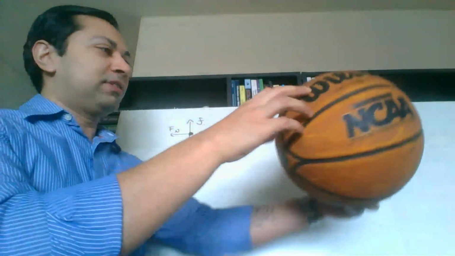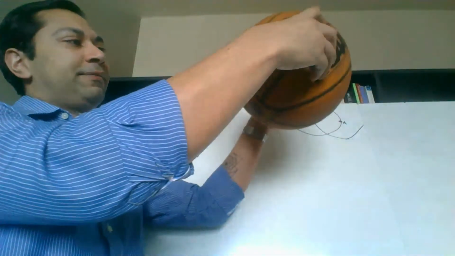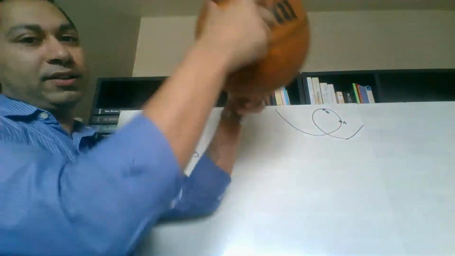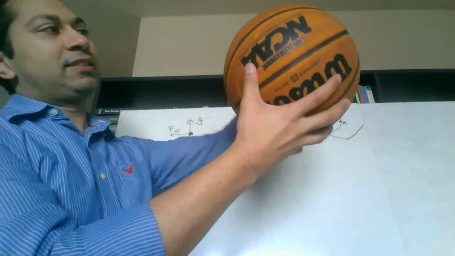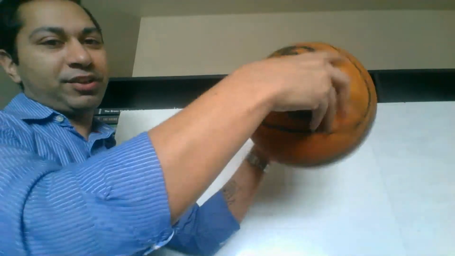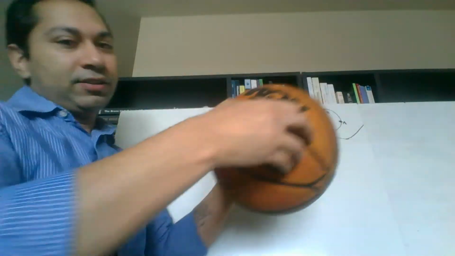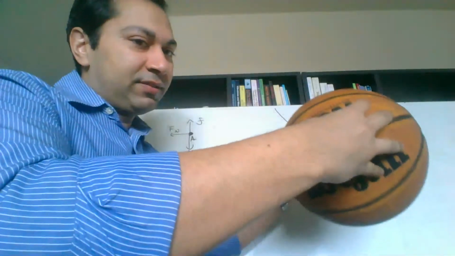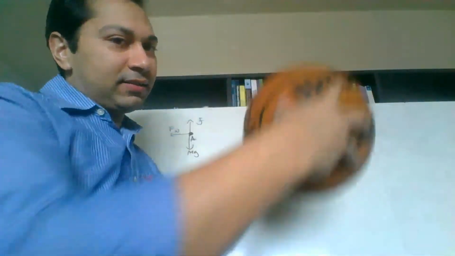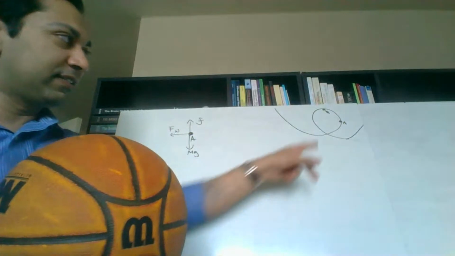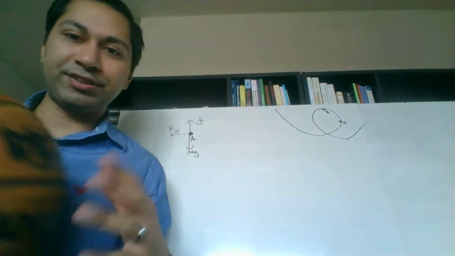So as the ball is going upwards, it's spinning this way to go upwards, but the force of friction has to be going in the opposite direction from the spin in order for the ball's rotational speed to slow down. So as the ball spins upwards, it's going to spin less and less and less. And the only way you're going to get it to spin less is if the force of friction is pointing upwards.